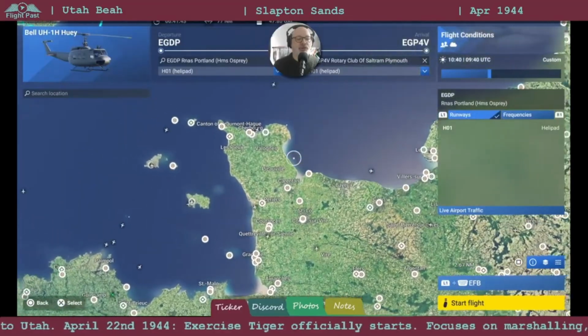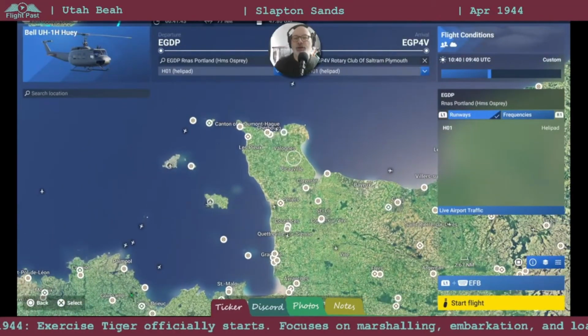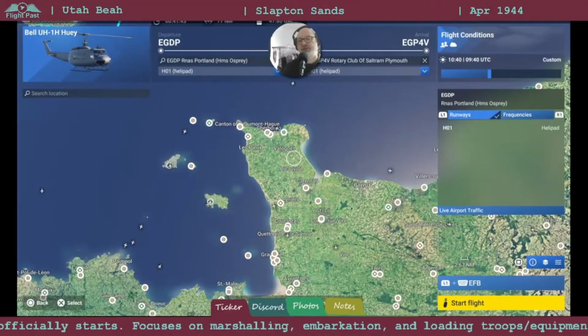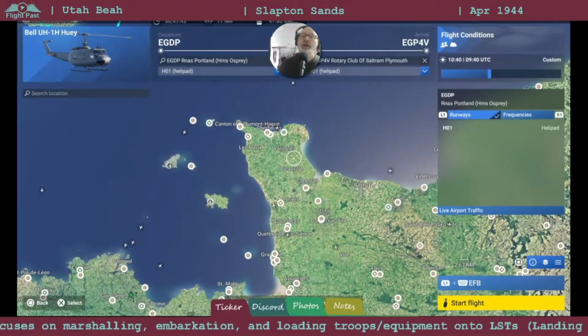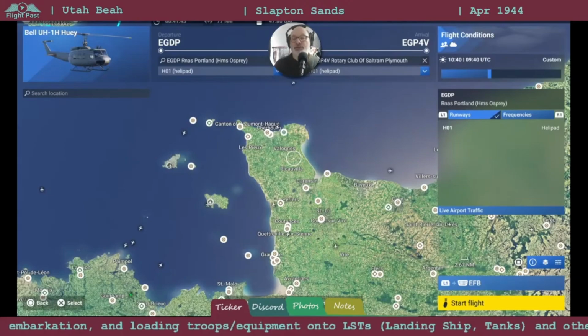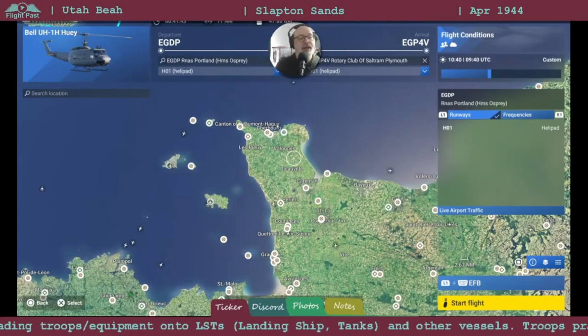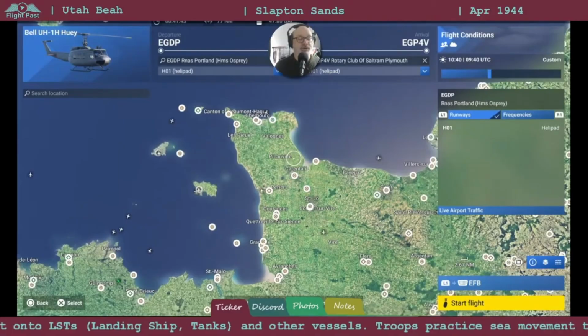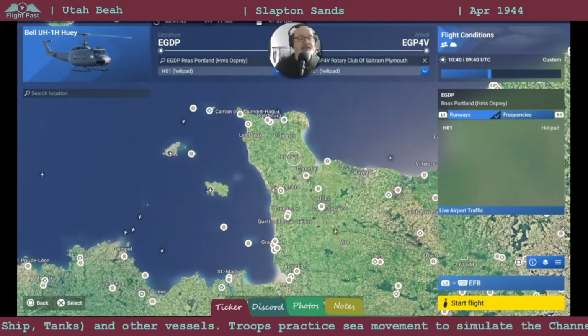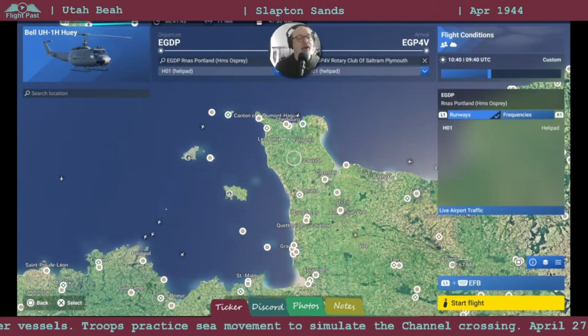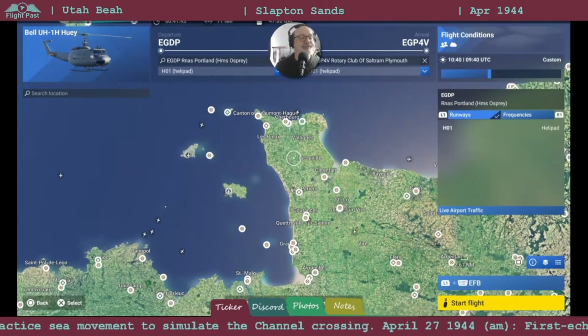And we've also looked at the US equivalent of that operation, which was Operation Albany and Operation Boston, the 101st Airborne and the 82nd Airborne drop on the Cotentin Peninsula here.